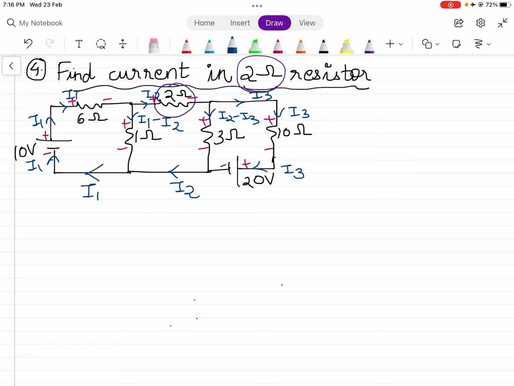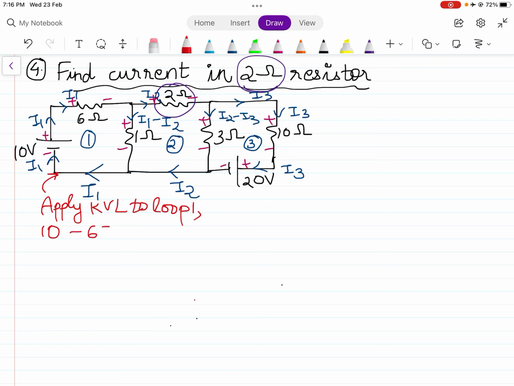Then we have to apply KVL. So consider this loop number 1, loop number 2, loop number 3. So first step is apply KVL to loop number 1. When I apply KVL to loop number 1, starting from this end, I say negative to positive plus 10, positive to negative minus 6 I1, positive to negative minus 1 times I1 minus I2 equal to 0.